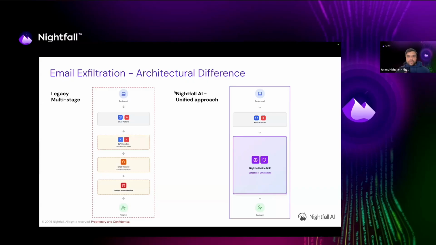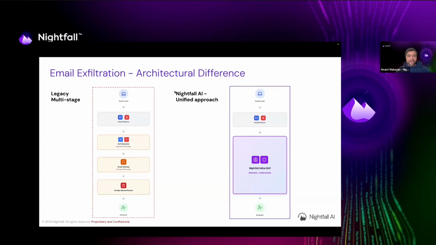In speaking with a lot of you, what we've understood is there's a legacy multi-stage approach in how outgoing emails are scanned and secured in your environments, right? You could be using Exchange Online, you could be using Gmail. There are instances where you're relying on, as an example, Microsoft Purview to scan your outgoing emails.